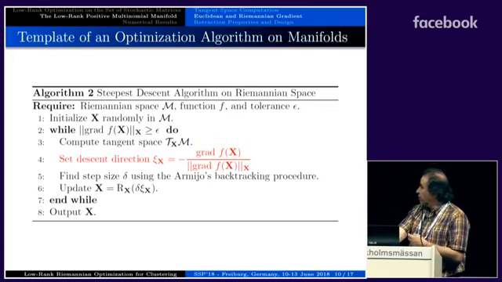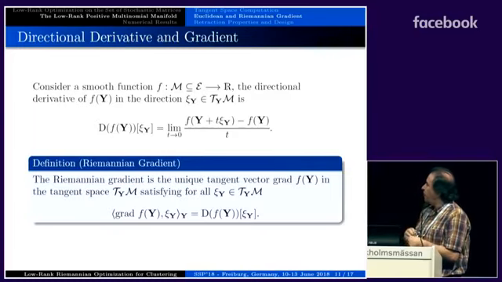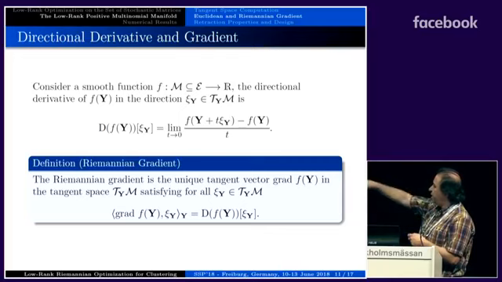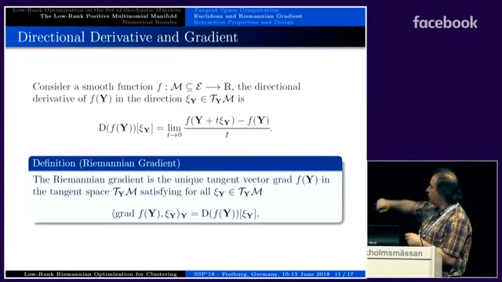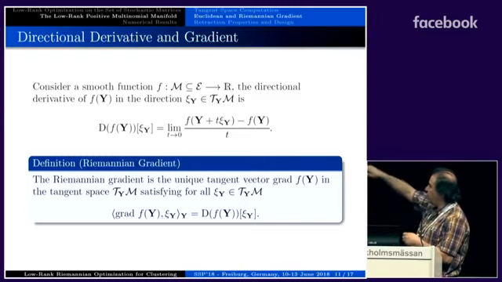I need the Riemannian gradient. The Riemannian gradient, the way it's defined, it's like the usual gradient. So you have your directional derivative, which is you take your function and you move it in the direction of psi of w, and you look at the change as t goes to 0.